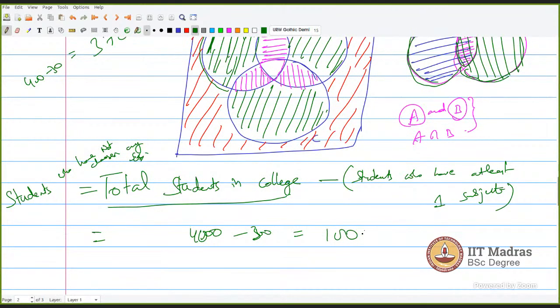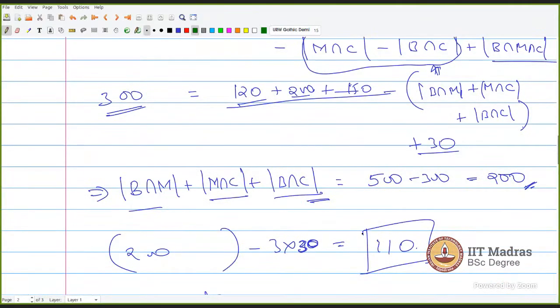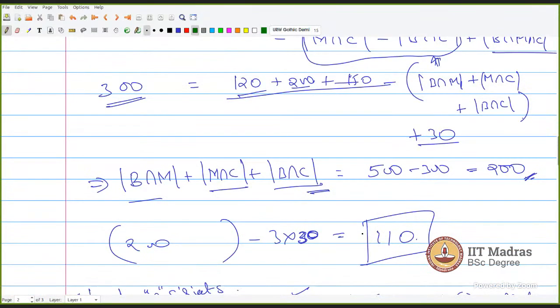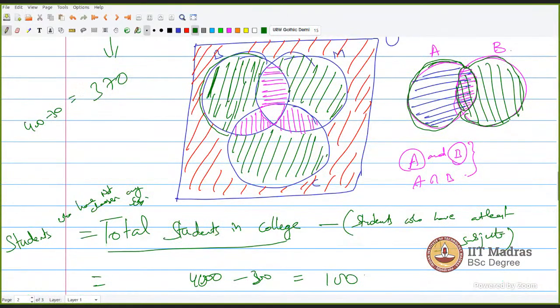And the thing that we calculated, the 200, where did 200 come from? Yeah, that it's at least two subjects, no? No. See, this particular purple region and this blue region 3 times. So we are actually taking this blue region 3 times.